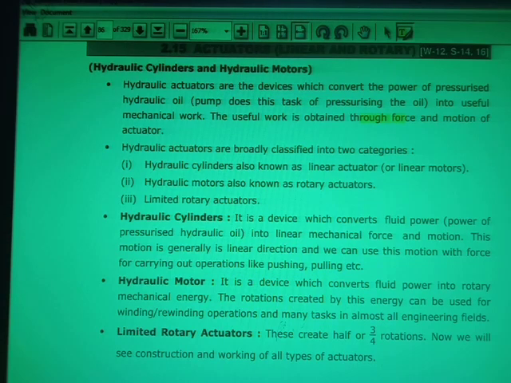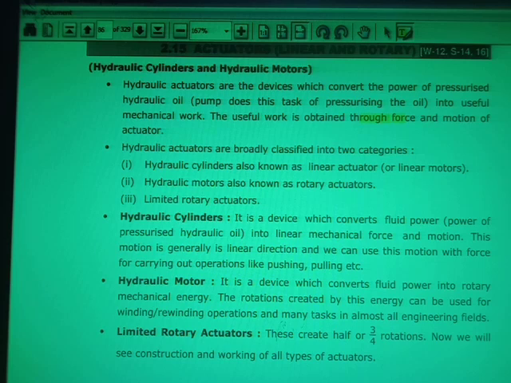A rotary actuator is a device in which we get rotary motion. If we want to rotate something, for that purpose we go for the rotary hydraulic actuator, where we get clockwise or anti-clockwise rotary motion. So basically hydraulic actuators are classified as linear actuator and rotary actuator. And there is a third type, known as the limited rotary actuator.